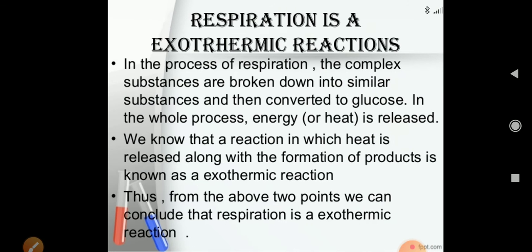The next point is that respiration is an exothermic reaction. As we studied, when heat is given out in a reaction, it is called exothermic. Respiration is also an exothermic reaction because heat energy is given out in the respiration process too. So what is the respiration process?